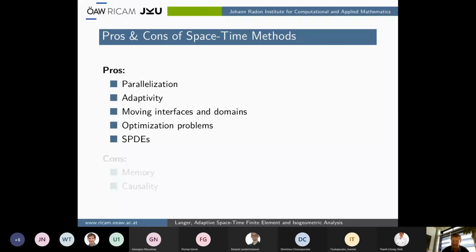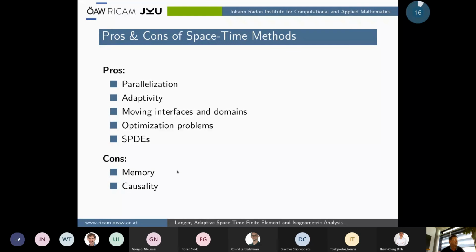There is no movement in space in the space-time cylinder. This is interesting. Optimization problem, usually you need the adjoint problem, and if your primal problem is forward in time, then the adjoint problem is backward, but in a well-posed sense. And here I mention only stochastic PDEs. I will not discuss this.